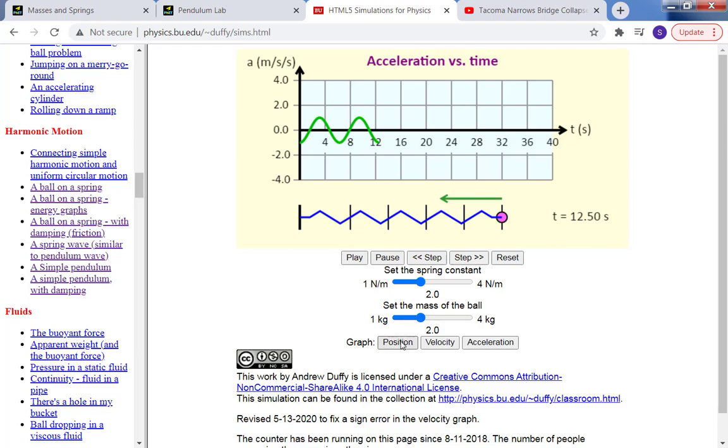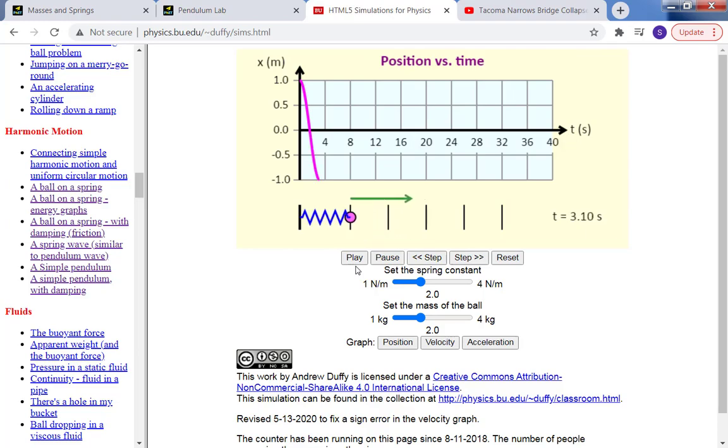If the position graph is a positive cosine, then the velocity graph is given by a negative sine function, and the acceleration graph is given by a negative cosine function.